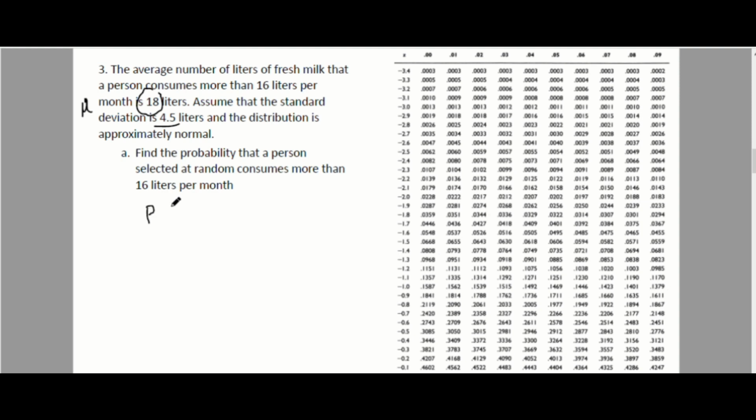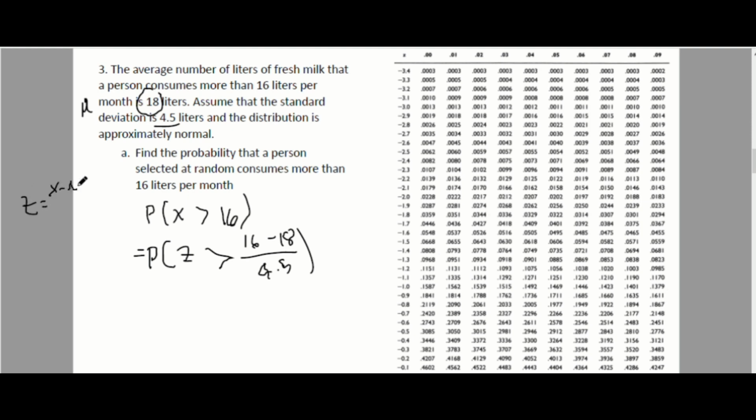So if this is the case, then we'll just use the basic or the regular formula for z-score. So more than 16. So this will become z equals 16 minus 18 over the standard deviation. Remember our first formula for the z-score: x minus mean over the standard deviation. But if we have the sample mean, the z-score has the standard deviation over square root of n.